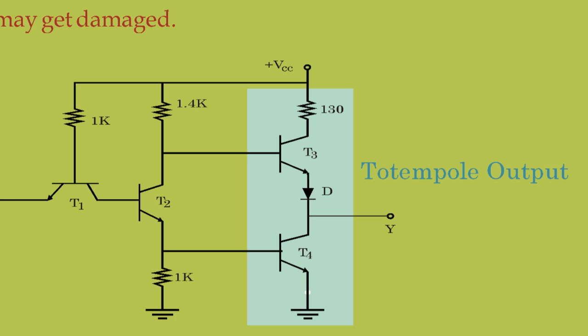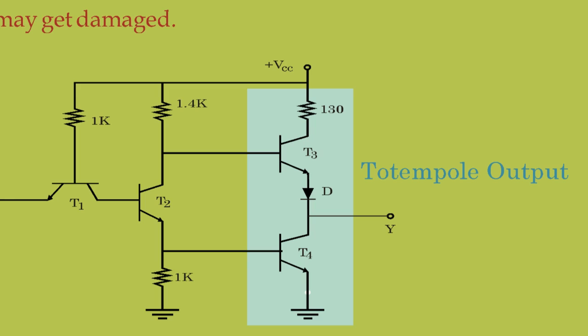So to create isolation for reverse current, there is a diode connected in between the two transistors. After the diode, we take the output. In a totem pole output, one thing is common: if one of the transistors is on, the other transistor will be off.